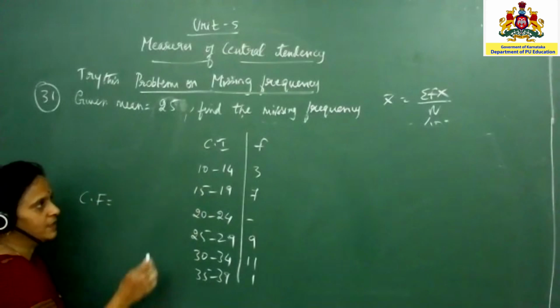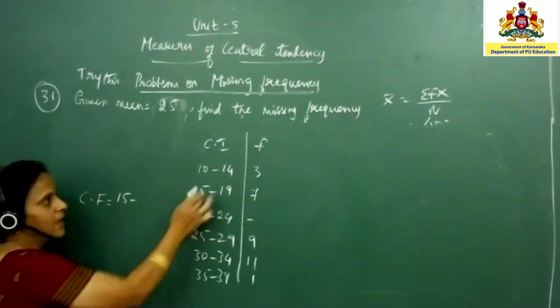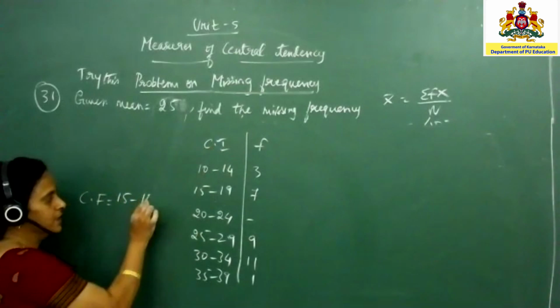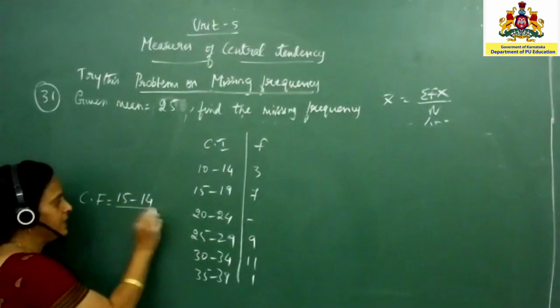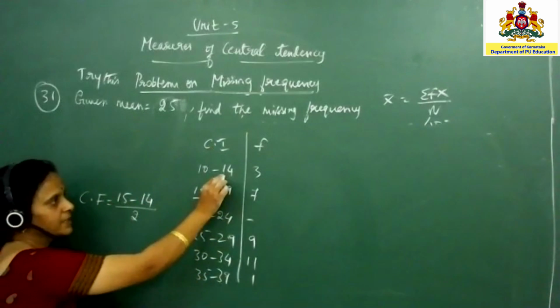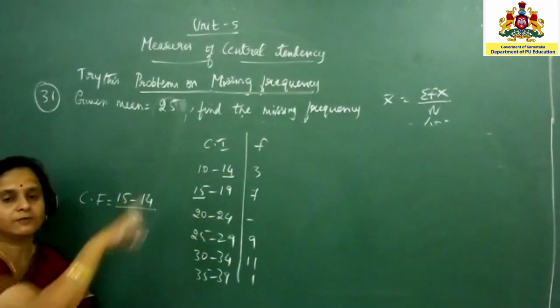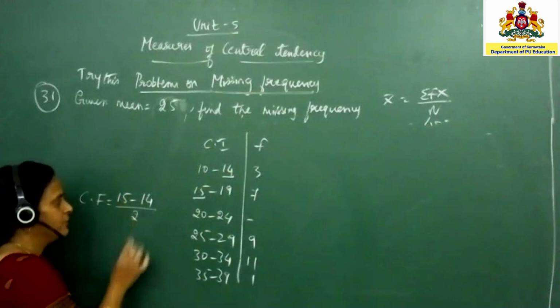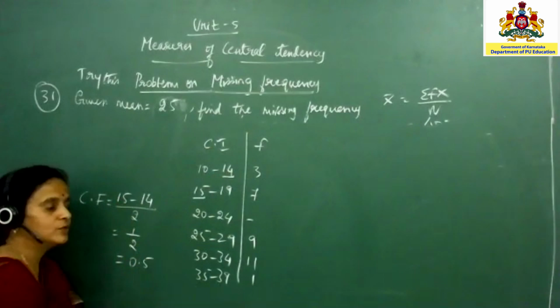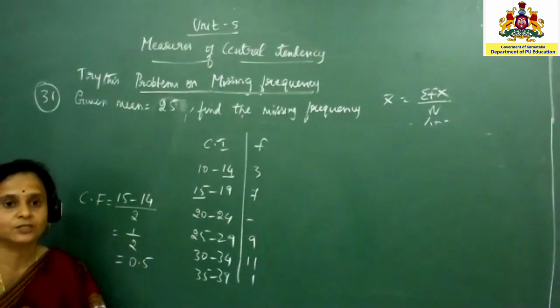I'll just take 15, lower limit, minus upper limit of the preceding. Preceding is the before one. So here 14 is there. So its preceding class interval, I'll just divide by 2. So lower limit of any class interval minus upper limit of the preceding class interval divided by 2. So 15 minus 14 is 1, 1 by 2, which is 0.5. So this 0.5 is called the correction factor.